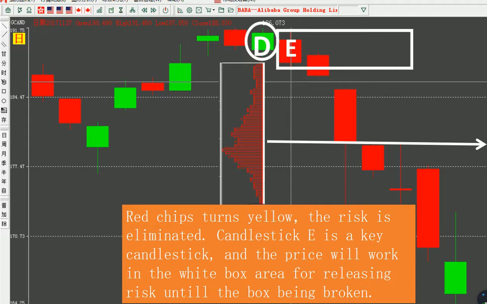And if the red chips turn yellow, the risk is eliminated. Candlestick E here is the key candlestick, and the price will work in the white box area for releasing the risk until the box is broken. Then that means a bigger risk is coming, and it needs more time to release the risk.